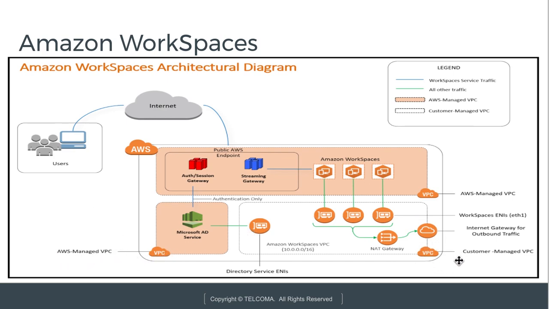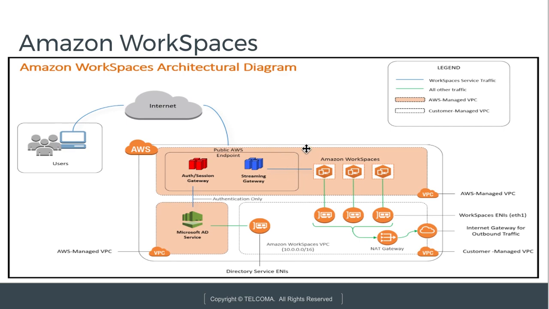Now here we have a VPC which is customer managed. The AWS managed VPC is for directory service for authentication. All other traffic will be forwarded to the customer managed VPC and NAT gateway. So the AWS managed VPC has the WorkSpaces, but all other traffic will be forwarded to the VPC which is customer managed.